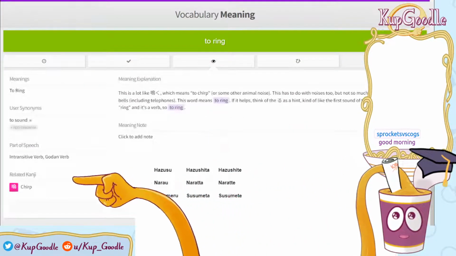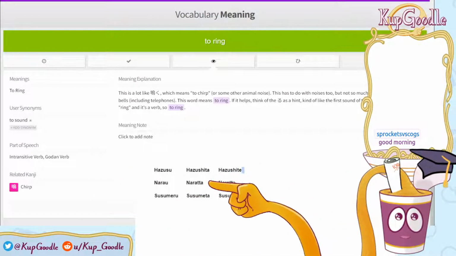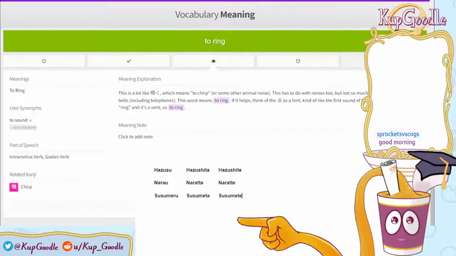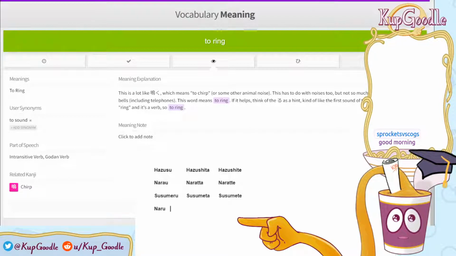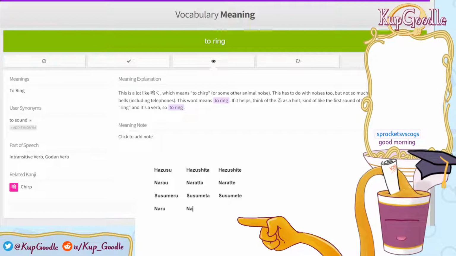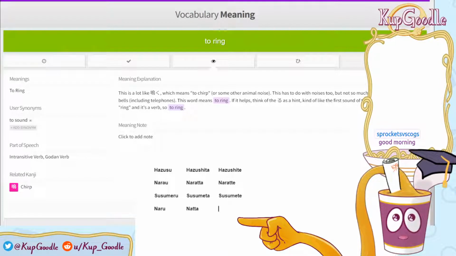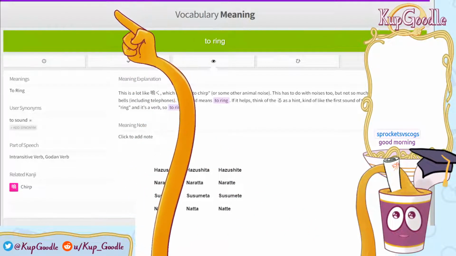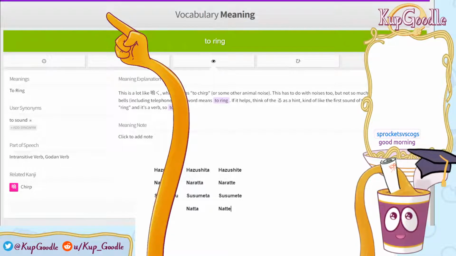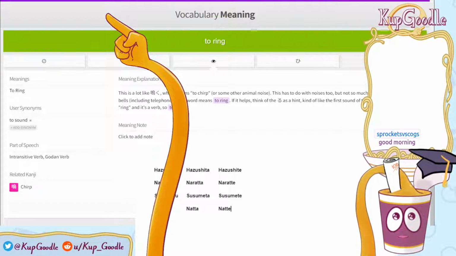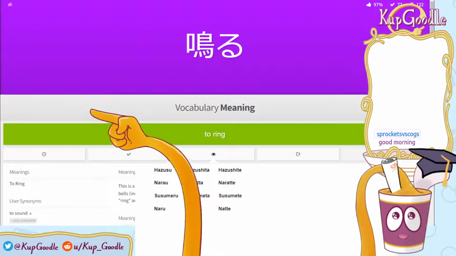Is that, got the godan verb, so. Naru, to ring. Naru. Natta, natte. The bell rang. The bell natta. The phone is ringing. Natte, natteru.